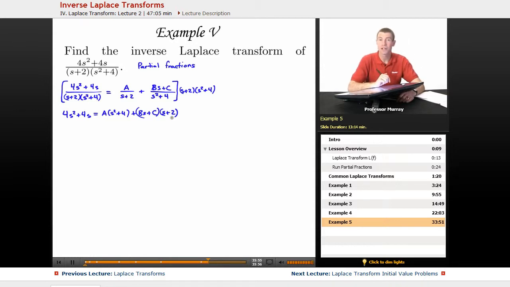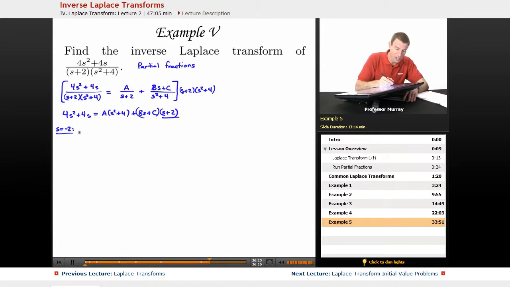Now essentially we want to solve for A, B, and C. It's a little bit messy, but I see something quick that I can do to find one of my coefficients right away. If I plug in s equals negative 2, that'll make all these terms drop out. So s equals negative 2.